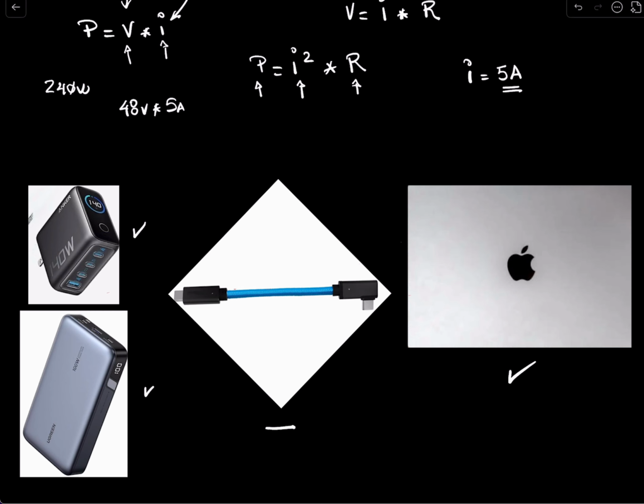So there is a protocol in power delivery that basically makes the device that is about to consume power query the battery bank or the USB charger for what it is that you have available for me.